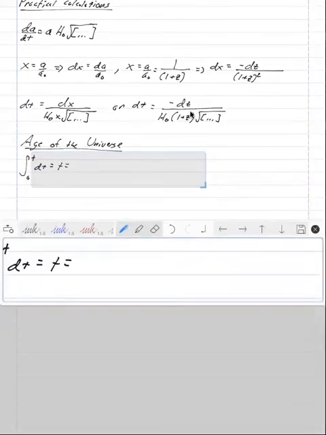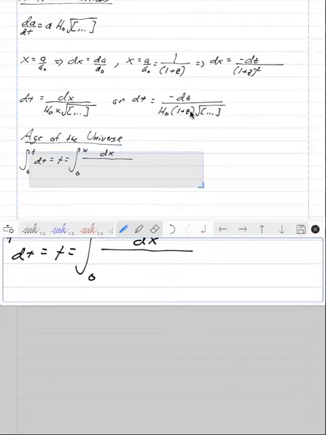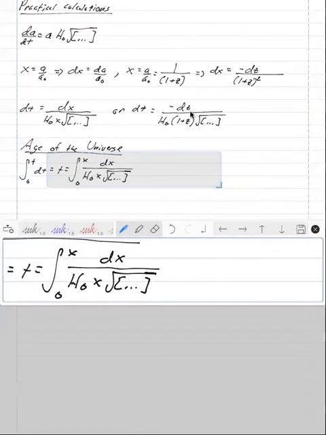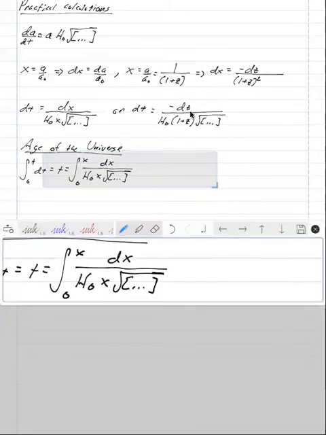And this equals the integral of the right-hand side. So 0 to x, integrating dx over H naught x, square root, everything in the bracket. And sometimes this integral on the right-hand side is analytic, and sometimes you're going to need to solve it numerically. But in general, this is the age of the universe for any multi-component universe.